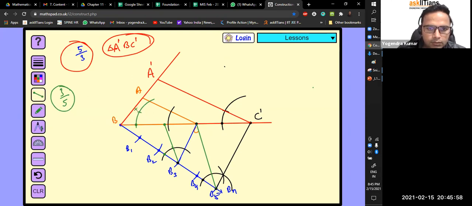Okay, and then just join it here. Now, if you see here, this is our A dash, C dash, right? For the smaller triangle, for 3 by 5, this much, and the other one is the bigger one, right?